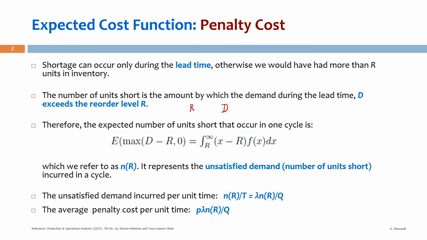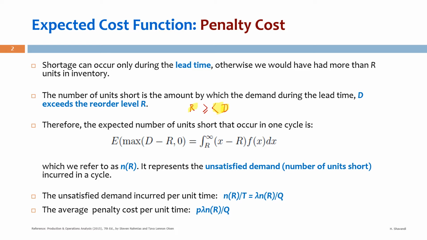So this D could be less than or equal to R, or it could be greater than R, right? In cases that D is less than or equal to R, there is no shortage. But if demand becomes greater than R, then in that case we have shortage.